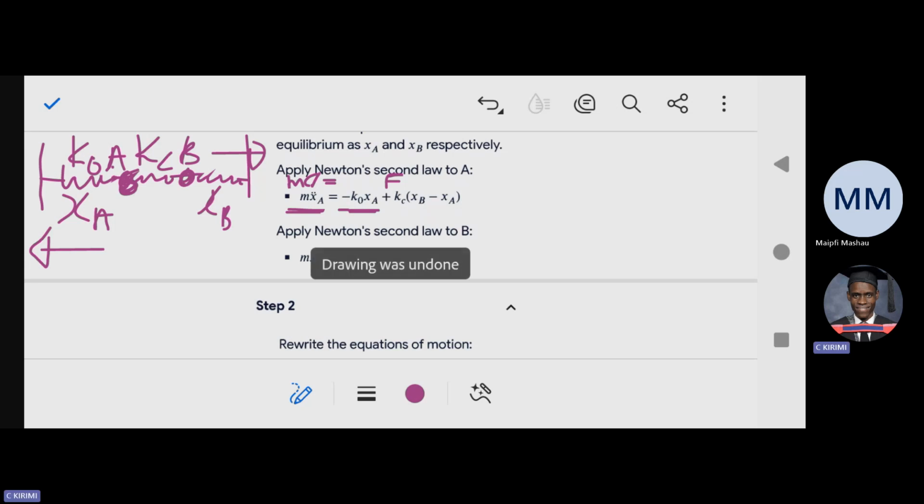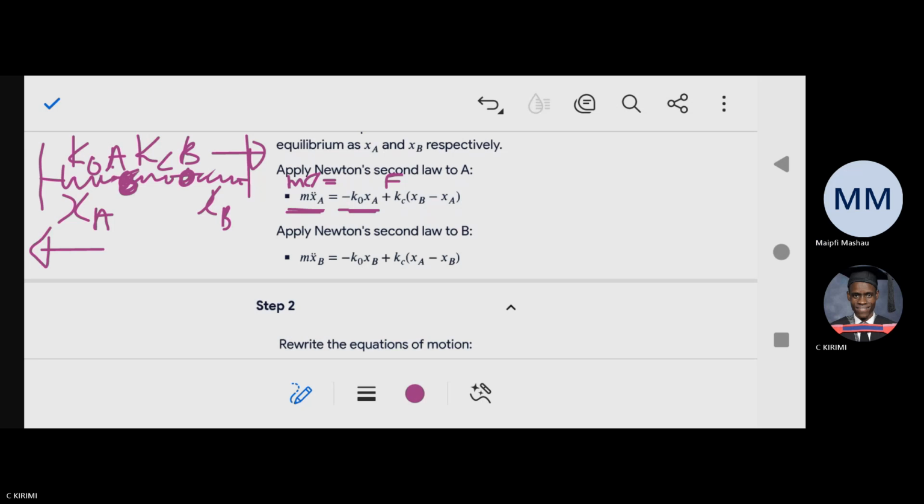And where are these coming from? This one. Yeah, that's what I want to know. Because I'm a bit confused there. KC. Now we are done with the K0. We are here at KC. At KC, we are having two forces there.